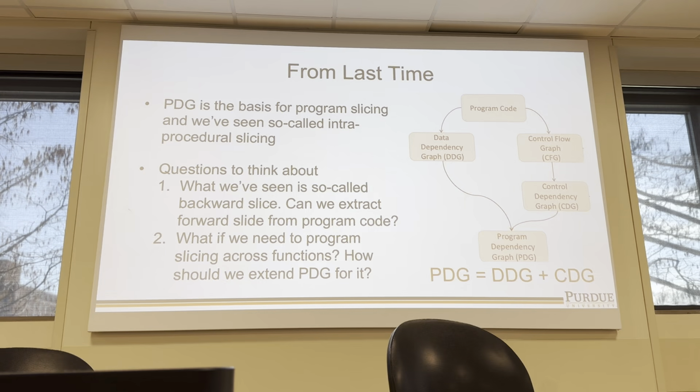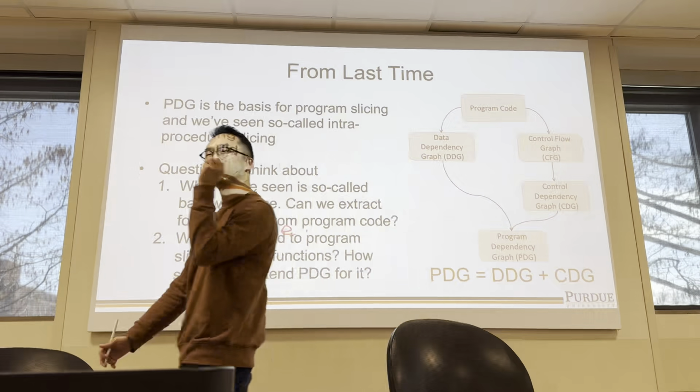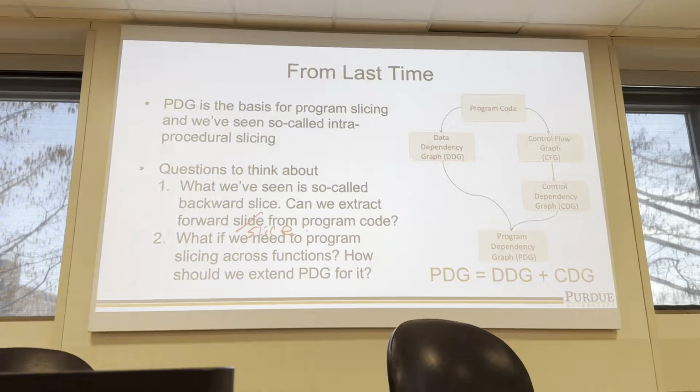And in this lecture, we're going to focus more on slicing, but I want you to think about the other type of slicing. What we have looked at so far is the so-called backward slicing. So do we have a forward slicing? If you extract some code from a certain criterion by following these program dependence edges, that's the regular way.